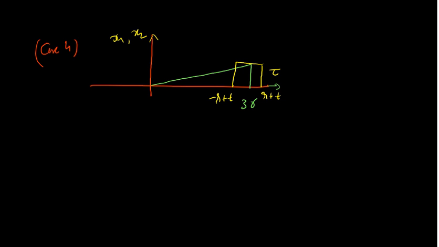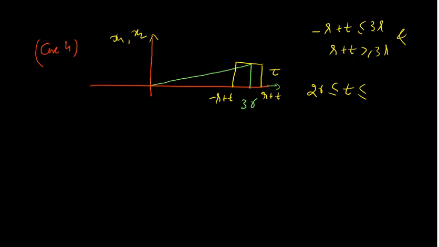So this case is possible when minus r plus t is less than 3r and r plus t is greater than 3r. So this is possible when t is greater than or equal to 2r, minus r plus t is less than or equal to 3r and r plus t is greater than 3r.